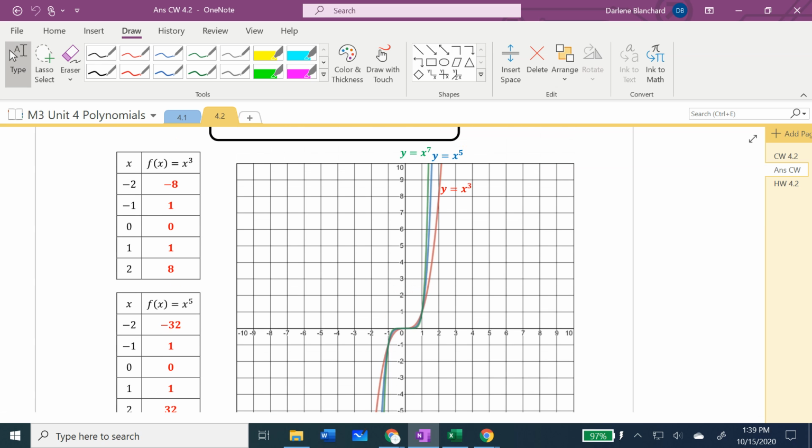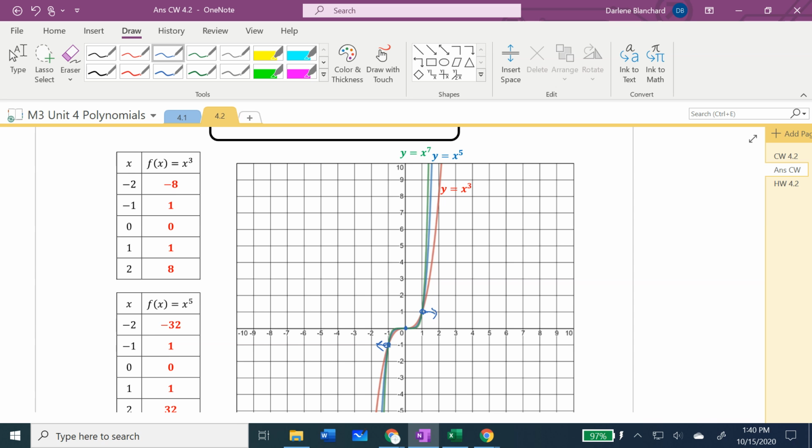So what you want to see is that once I get past these 3 center points that all of these x to the odd powers go through, horizontally this way, the higher the exponent, the steeper the graph.